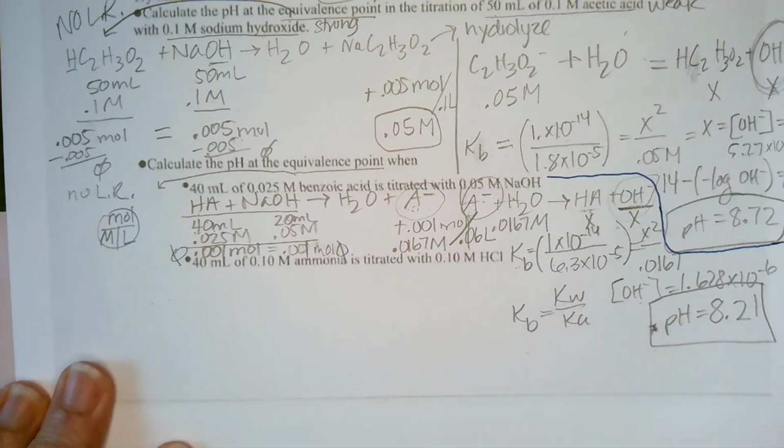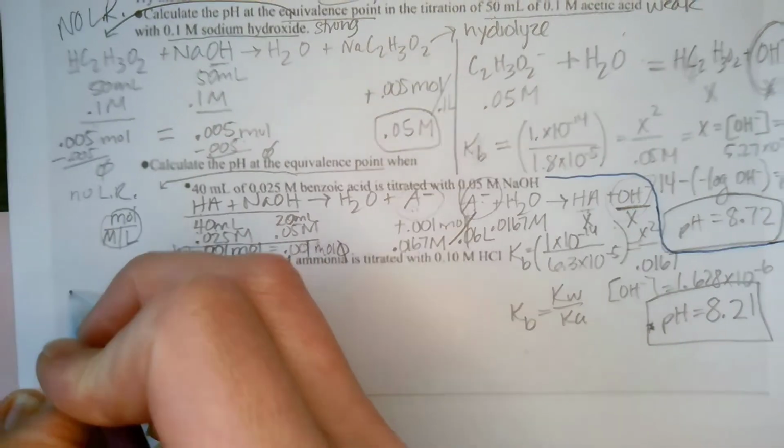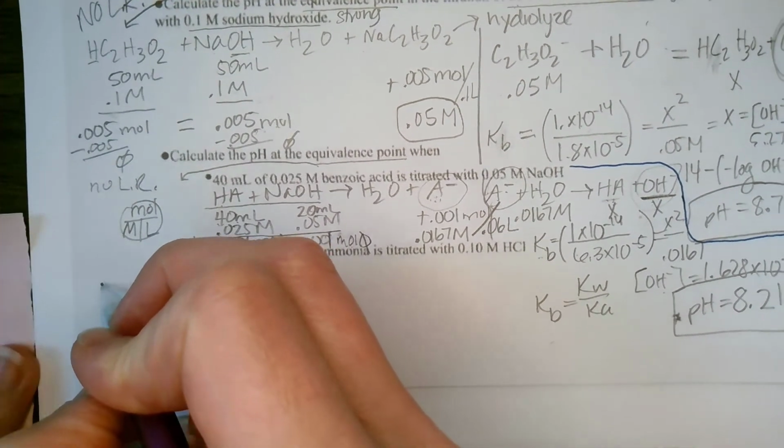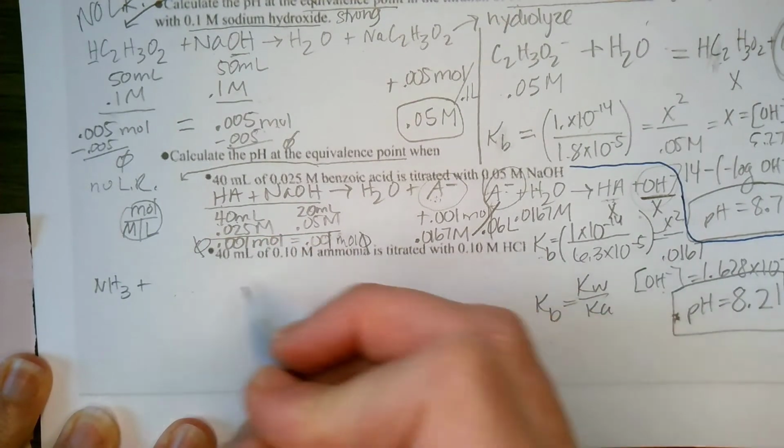All right, the last one, we're finding the equivalence point when we have 40 milliliters of 0.1 ammonia. So we have NH3 reacting with HCl.